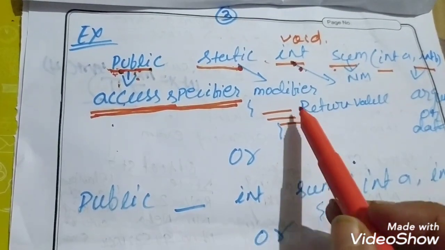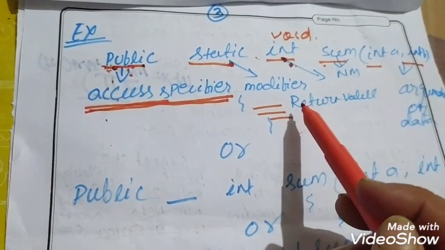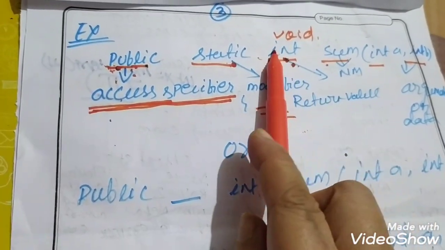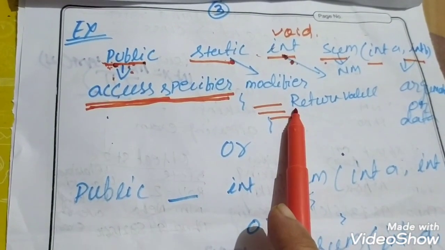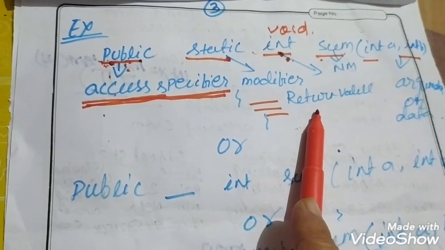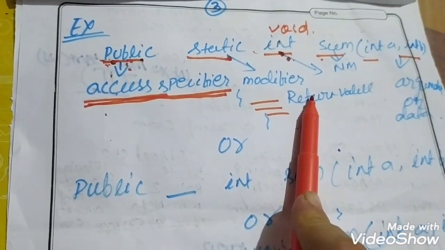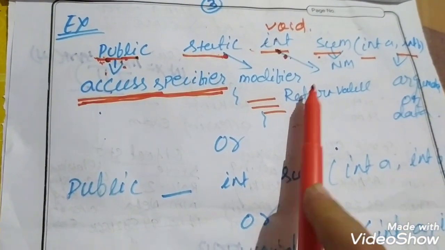So if our procedure or method returns a result of double data type, then I have to mention here double. If my procedure or method returns float type of data, then you have to write here float. If my method or procedure returns a string type of data, then I have to write here string.